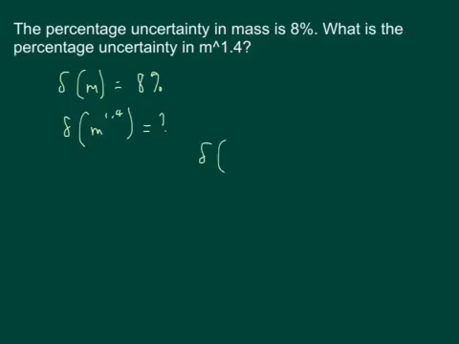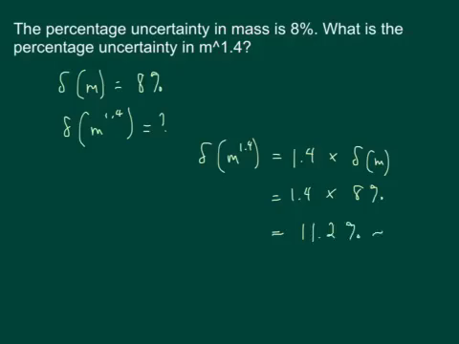The percent uncertainty in mass to the 1.4 is equal to the power 1.4 times the percent uncertainty in the mass. In other words, it's 1.4 times 8%. And when we multiply that out, what do we get? I think it comes to about 11.2%, which rounds to the nearest whole number, 11%.